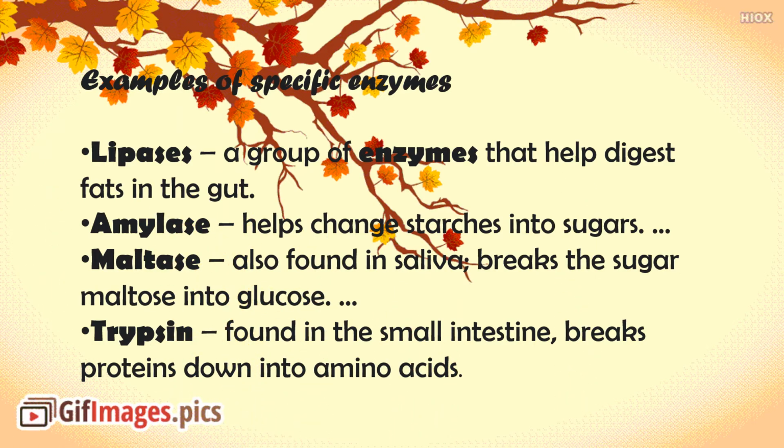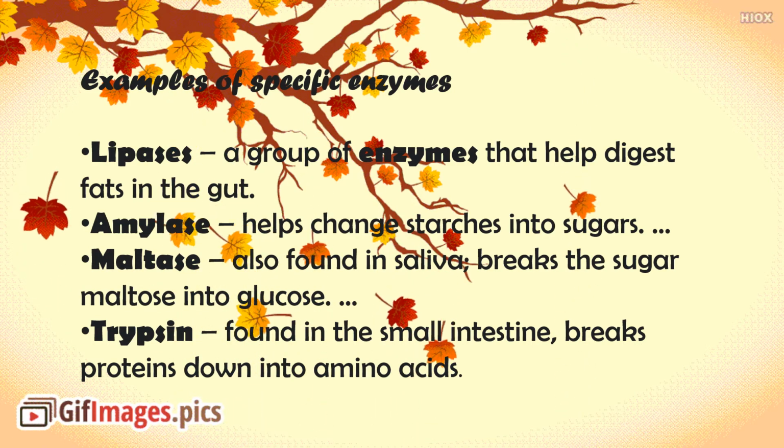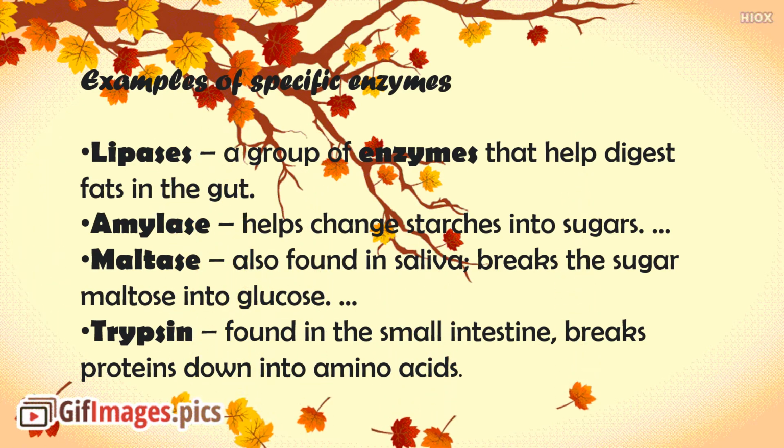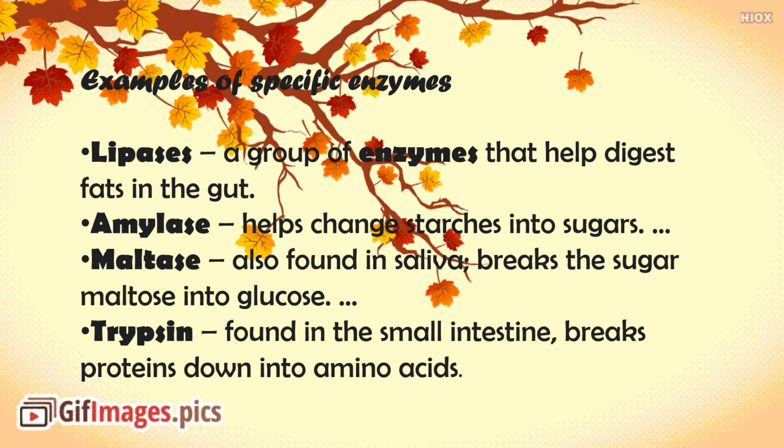So we have here some examples of an enzyme. We have lipases, a group of enzymes that help digest fats in the gut. The amylase helps change starches into sugars. Then we have the maltase, also found in our saliva. It breaks the sugar maltose into glucose.